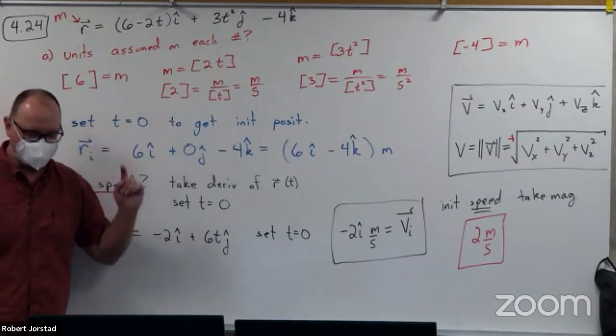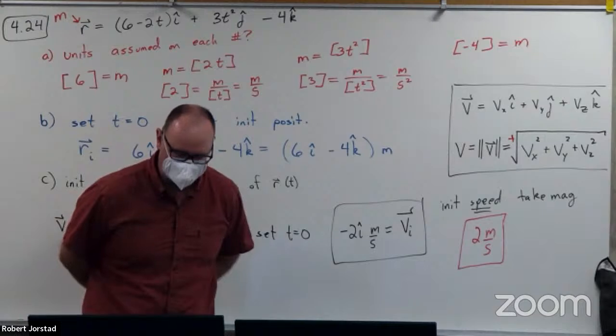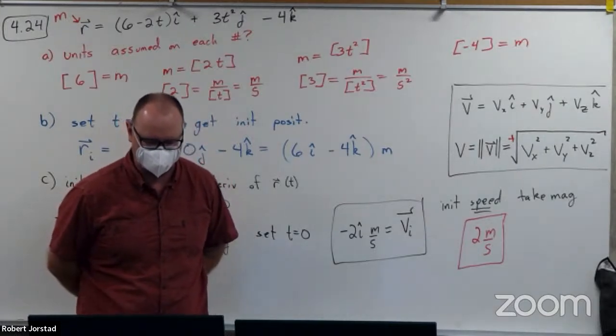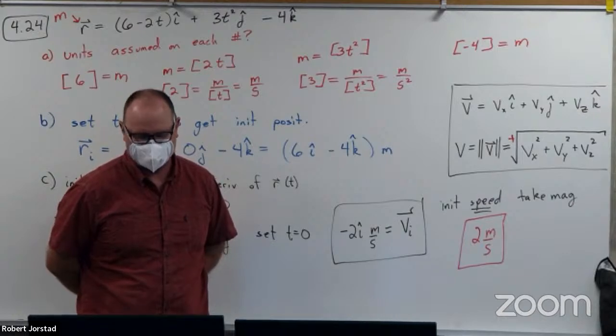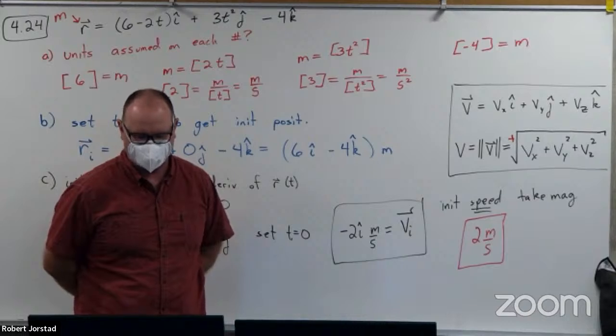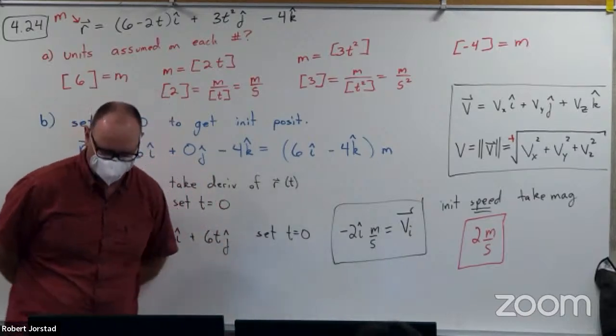So I highly recommend you do 4.25 to get some practice on this at home. Even if you think you're good at this, more than 95% of my students screw up at least one part in there, and I won't tell you which part, right?